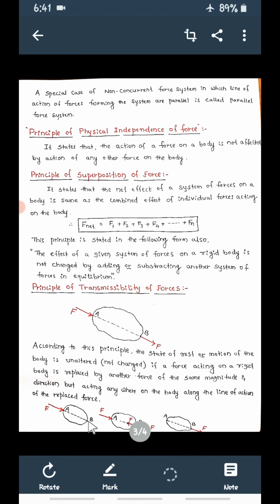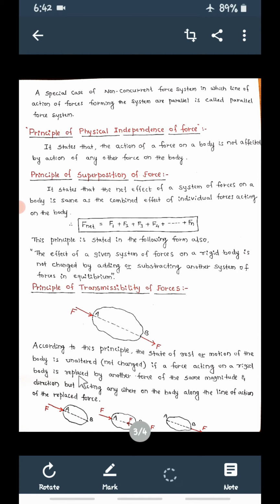See, this is the line of action, dotted line. Okay, I cannot apply the force here now. So along the same line of action, if you apply the same magnitude of force, same direction force, then without changing the state of the object, the force can be transmitted from one point to the other point.